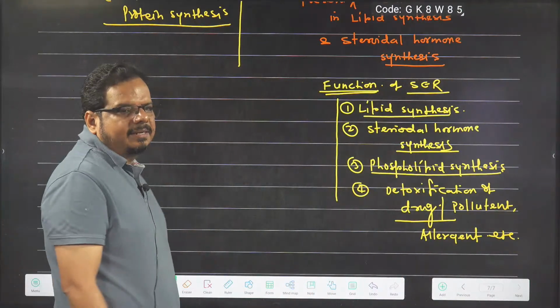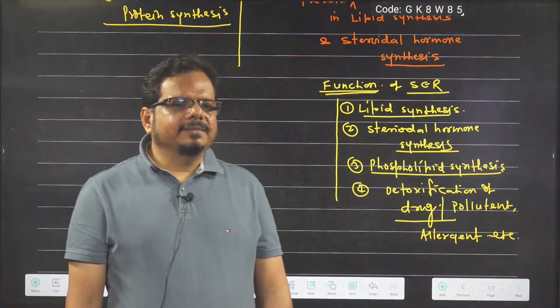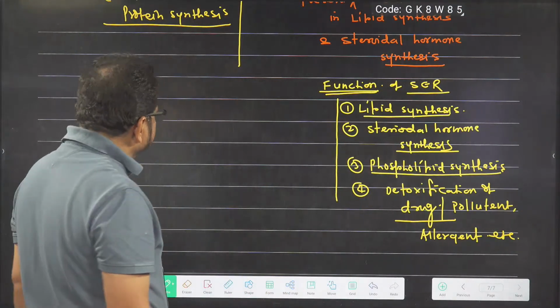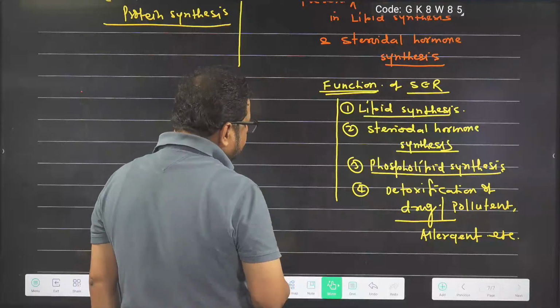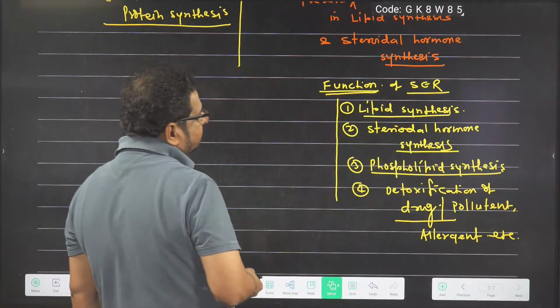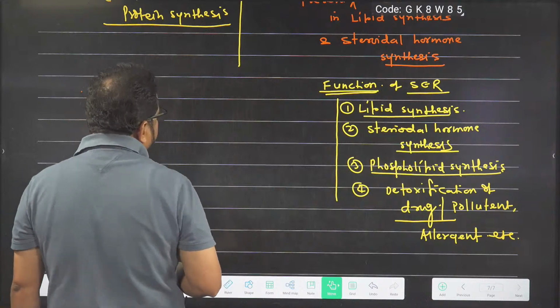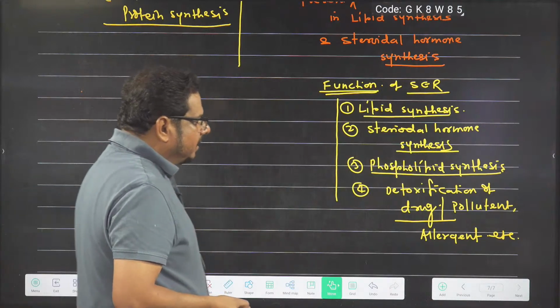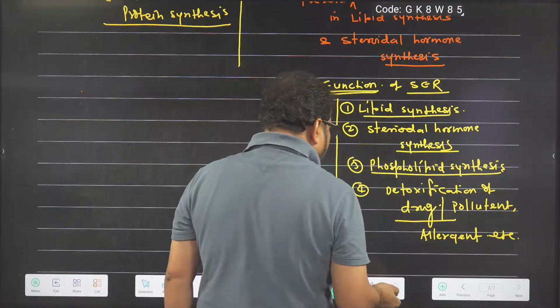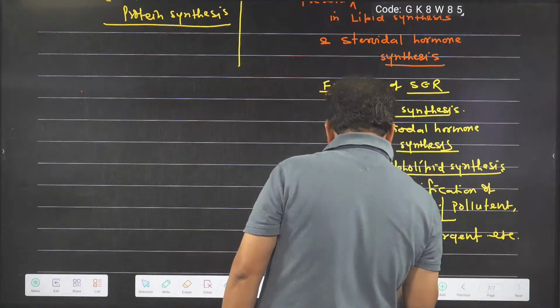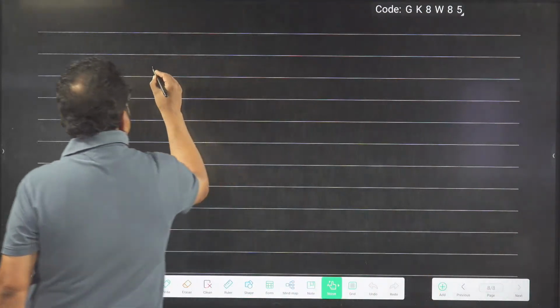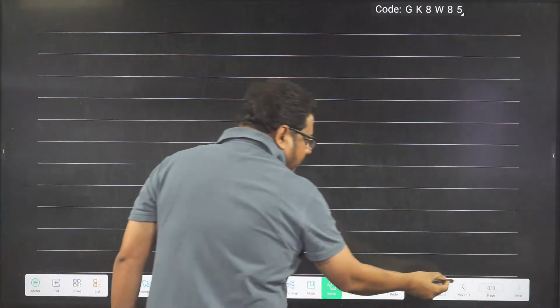Understand the idea? Is it clear in the mind? Okay. So now I am writing the overall function of ER, a combined function of ER. Do you want this slide once more?